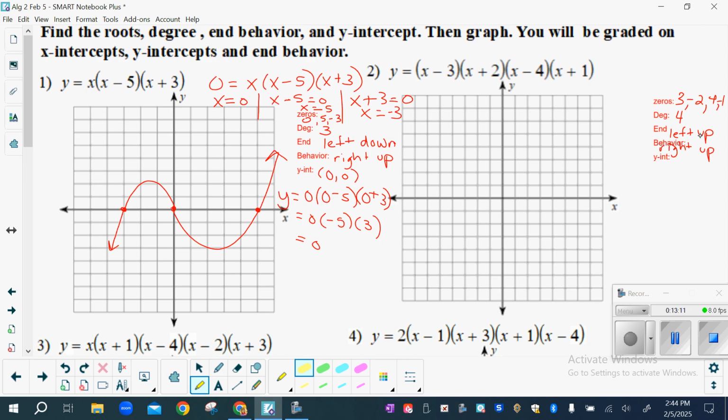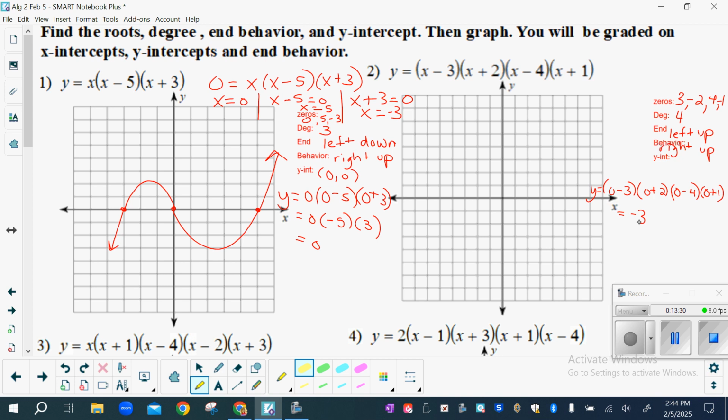Okay, now we need to find our y-intercept. So we're going to substitute a 0 in for all our x's. So we have 0 minus 3 times 0 plus 2 times 0 minus 4 times 0 plus 1.